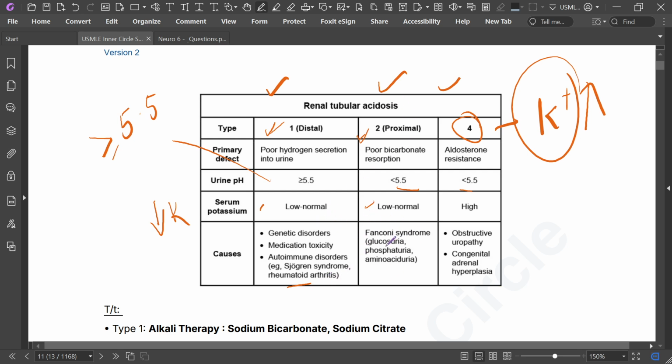Type 2: Fanconi syndrome, multiple myeloma, carbonic anhydrase inhibitor. Type 4: obstructive uropathy and congenital adrenal hyperplasia.